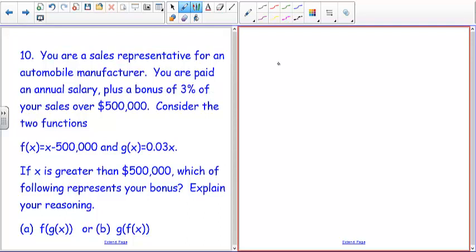So it says which of the following represents your bonus? Is it f of g of x or g of f of x? So let's do f of g of x. So that's something minus $500,000.